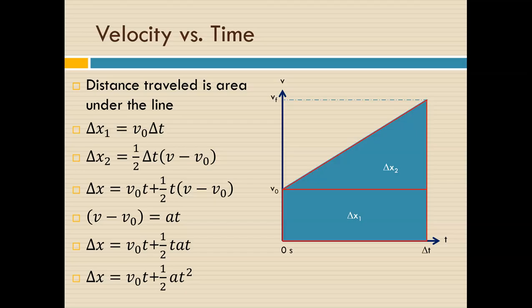Can I pull the t's out? Good question. Can I cancel out the t's? The answer is no. The reason being is while I have in the 1/2 at squared, I have 2 t's as factors. And in the v0t, I have a t as a factor. But on the left-hand side of the equation, there is no t factor. It's just delta x. So I can't cancel out a t.